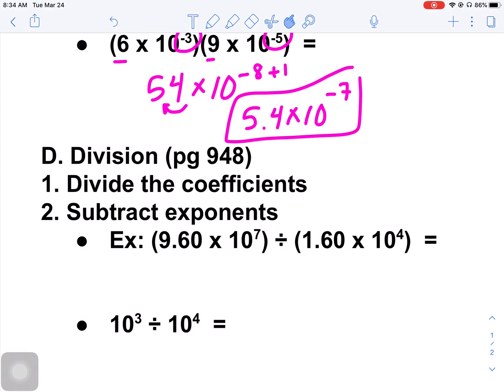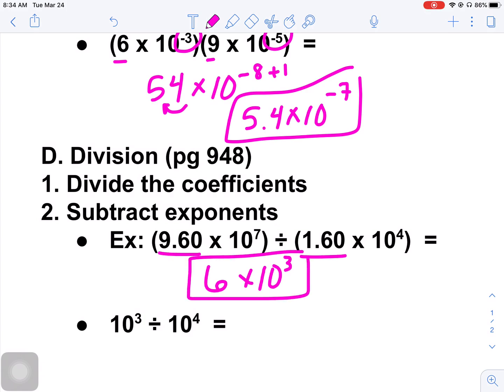So 9.6 divided by 1.6 is exactly 6. Okay, and then remember, when we multiplied, we added the exponents, but when we divide, we're going to subtract the exponents. So exponent 7 minus exponent 4 is exponent 3. So 6 times 10 to the 3.